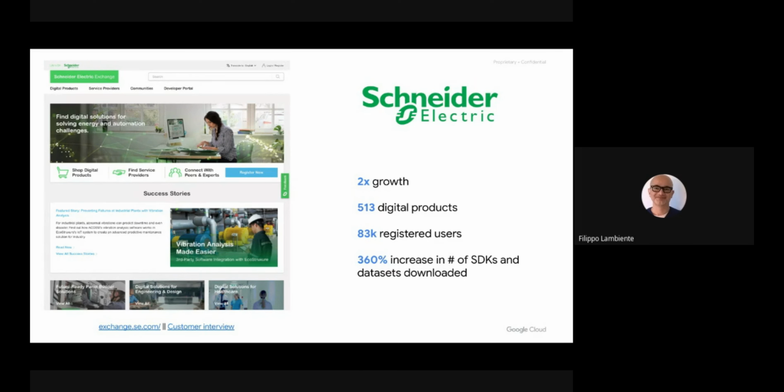For example, the energy management system, or the other types of systems that we can find in a big manufacturing plant.